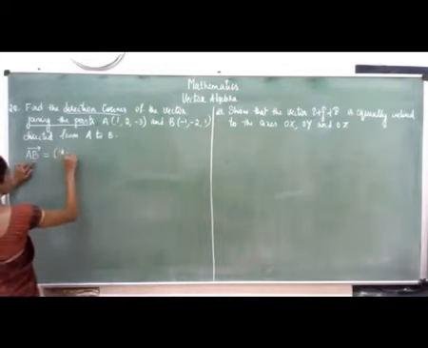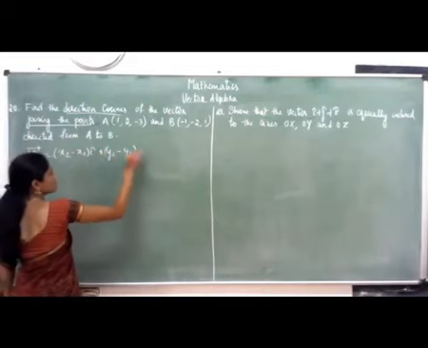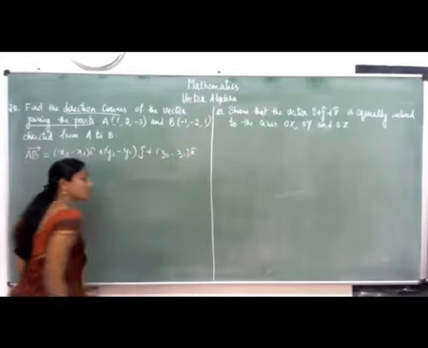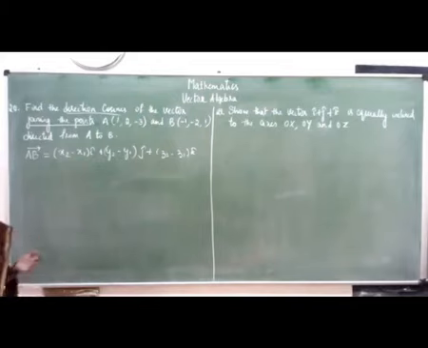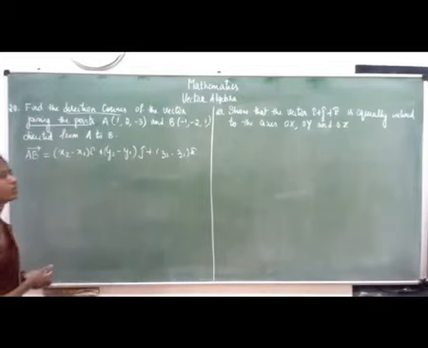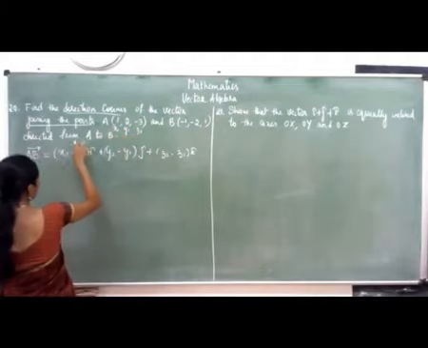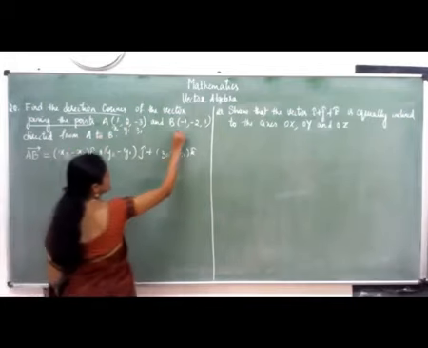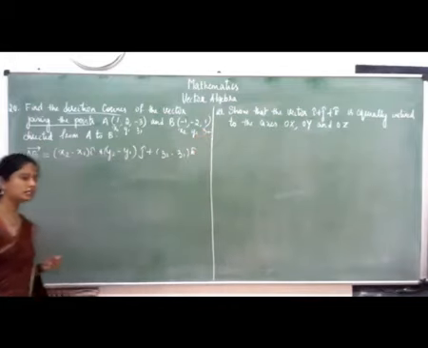It is given by x2 minus x1 i cap plus y2 minus y1 j cap plus z2 minus z1 k cap. So the initial point, you should consider its coordinates as x1, y1, z1, and the terminal point coordinates you should consider as x2, y2 and z2. Because they have told directed from A to B, initial point is A, terminal point is B. So your B coordinates we should consider as x2, y2 and z2.